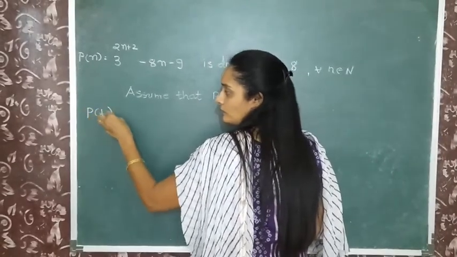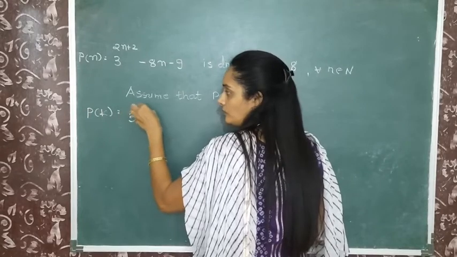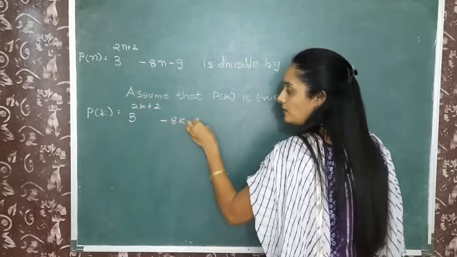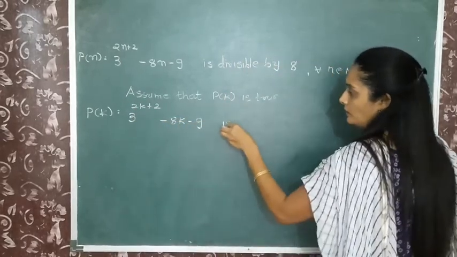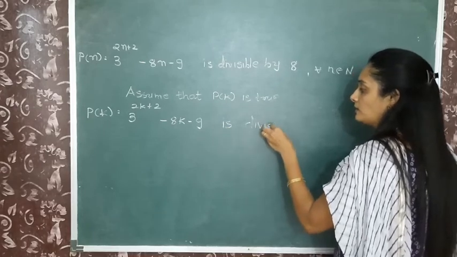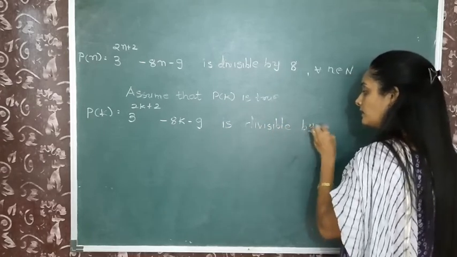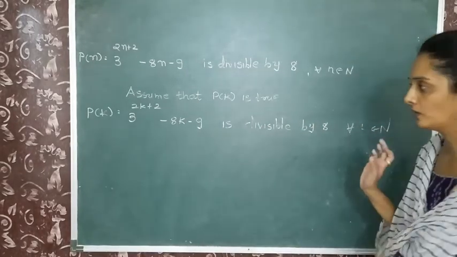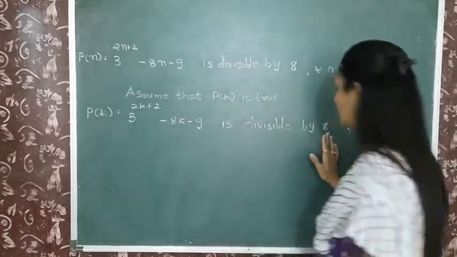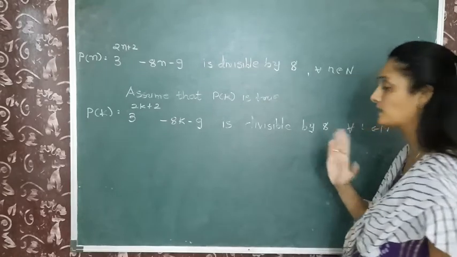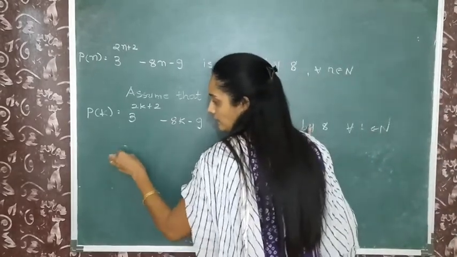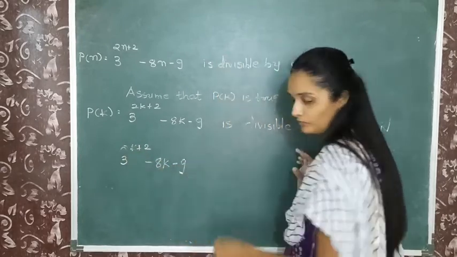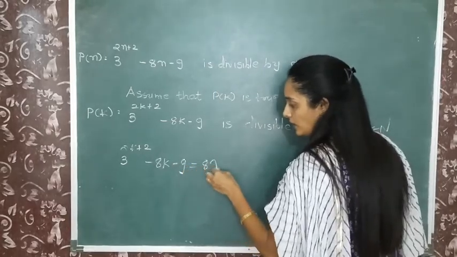So the statement P of k, 3 raised to 2k plus 2 minus 8k minus 9, is divisible by 8 for every natural number. Now this term is divisible by 8, that means this term has 8 as a factor. So I can write it is equal to 8 lambda.